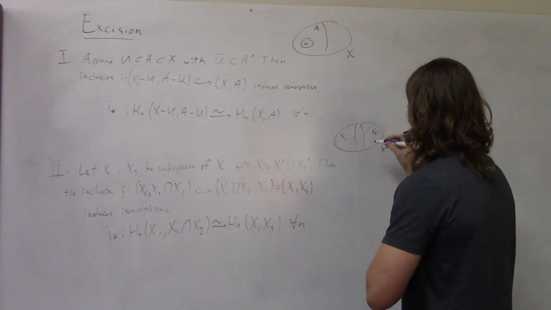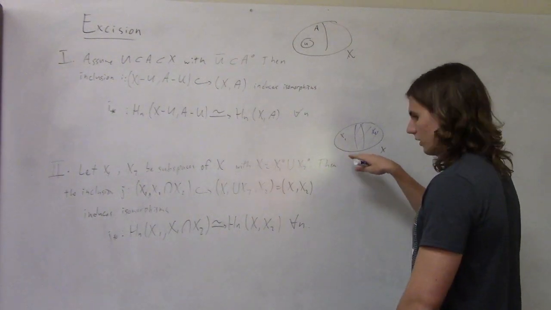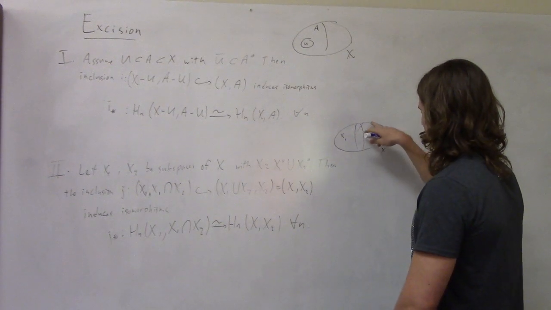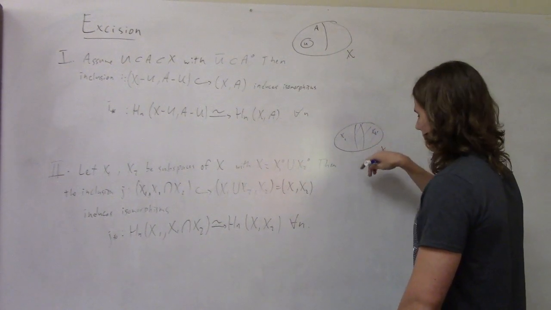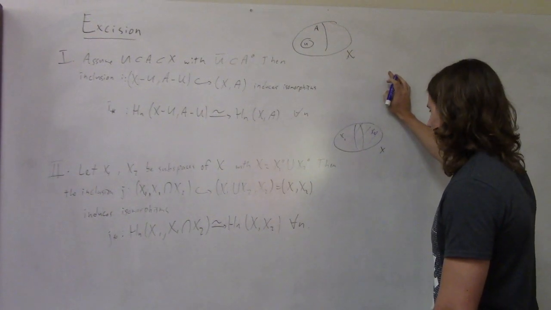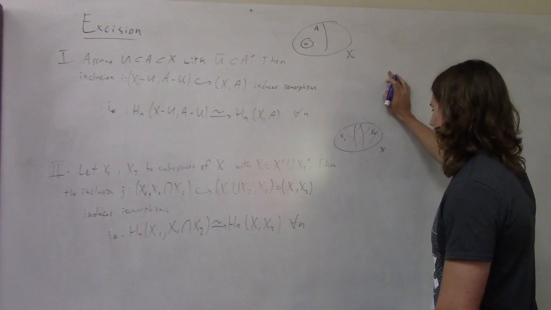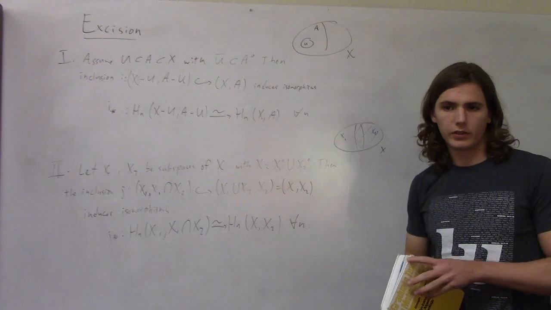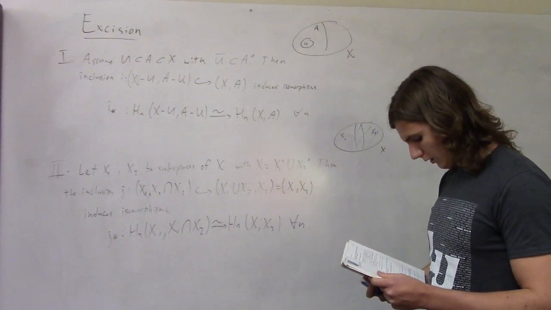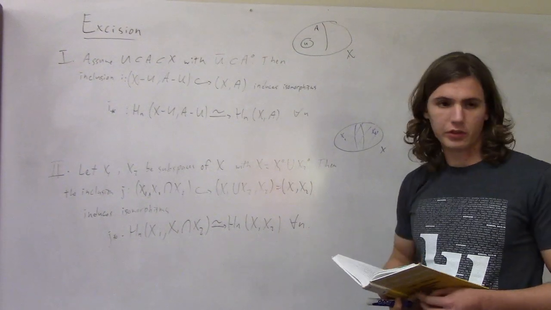Then the relative homology of (X1, X1 intersect X2) is going to be the same as that of (X, X2), where X is the union of the interiors. So taking the intersection with X1 doesn't really change the homology group, at least to my understanding. It's reminiscent of the second isomorphism theorem, because they both involve two subspaces of X.